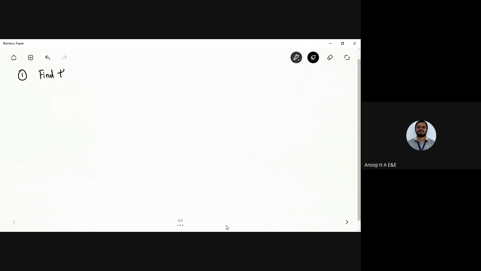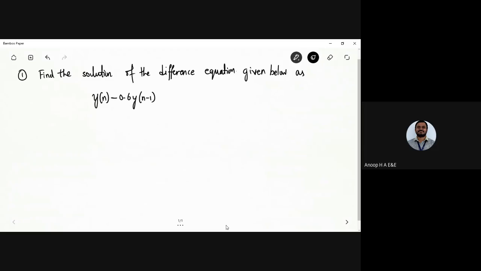Find the solution of the difference equation given below as y of n minus 0.6 y of n minus 1 equal to x of n, that is equal to 0.4 raised to the power n, where n is greater than or equal to 0.